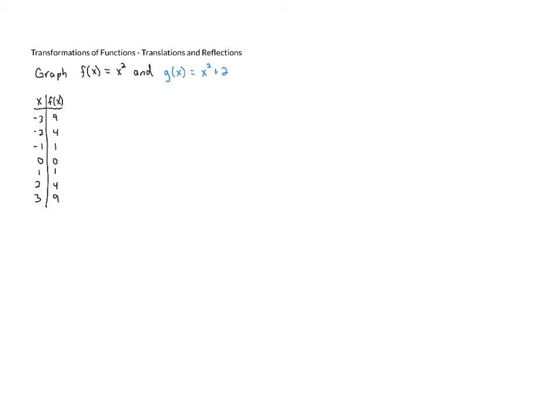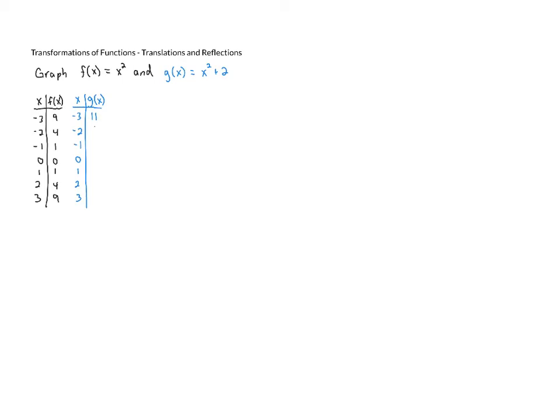Now I want to look at a table of values for g, this other function. Let's take a look at x and g of x, and I'm going to pick the same x values here. Now our function g of x takes x squared and adds 2 to it. So -3 squared is 9, but then we add 2 to that and we get 11. -2 squared is 4.